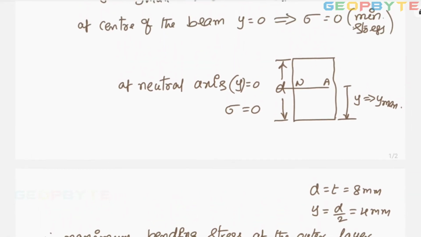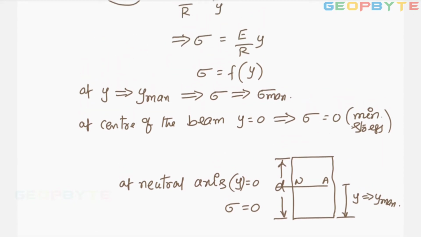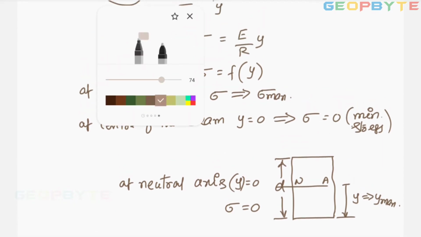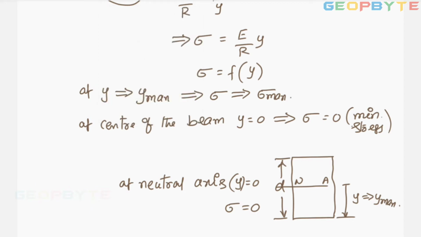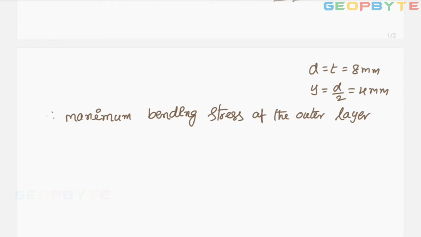Look at the relation. Bending stress formula: sigma equals E by R into Y. Maximum bending stress sigma max equals E by R into Y. Young's modulus is 2.1 into 10 power 5.